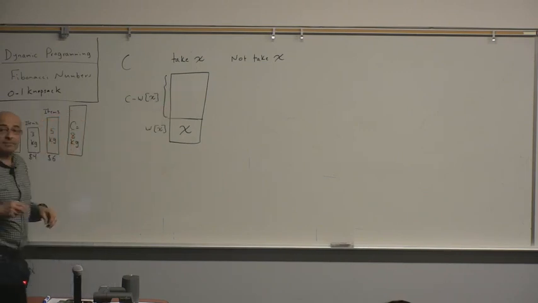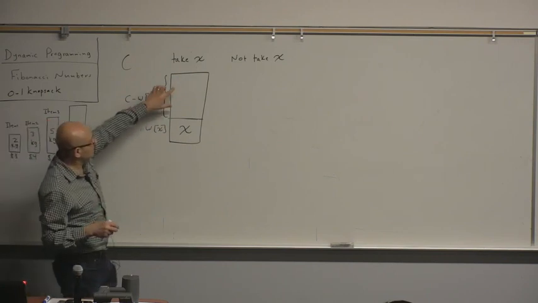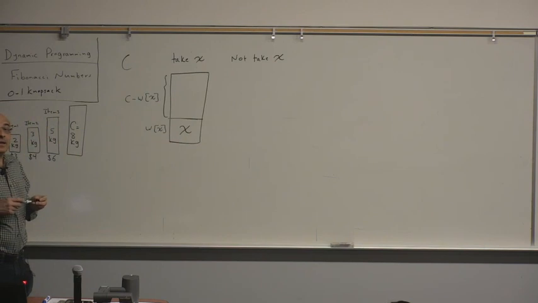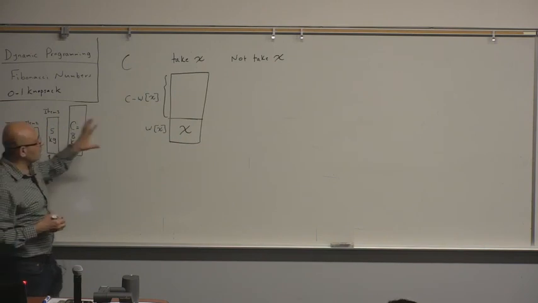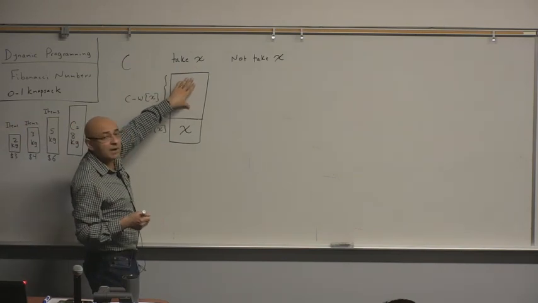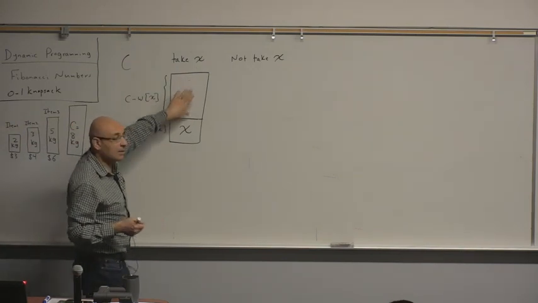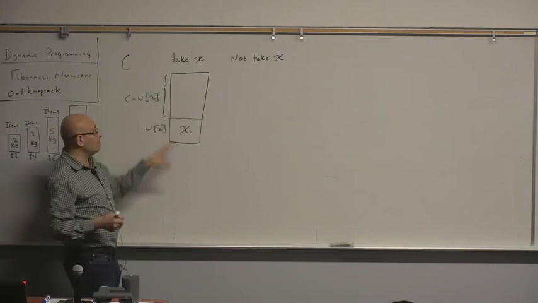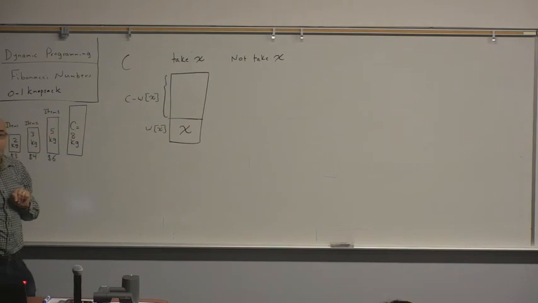And then I can fill this with some of the remaining items. Now, determining the best subset of other items that I can put here in the remaining capacity is a subproblem that is smaller than the current problem that I'm trying to solve.